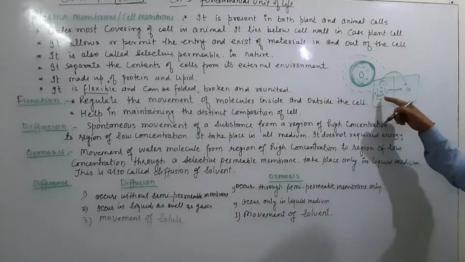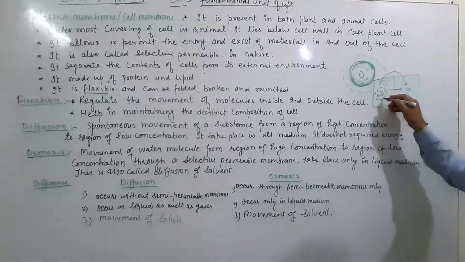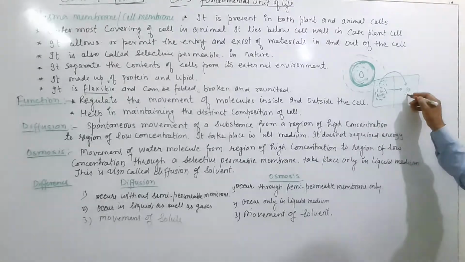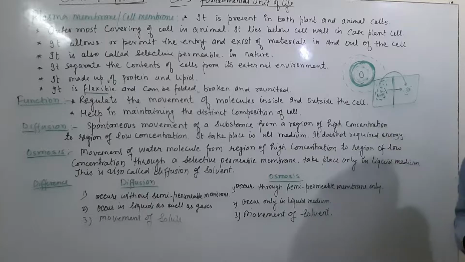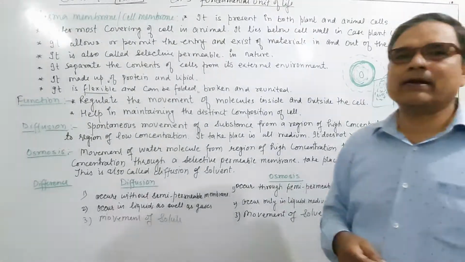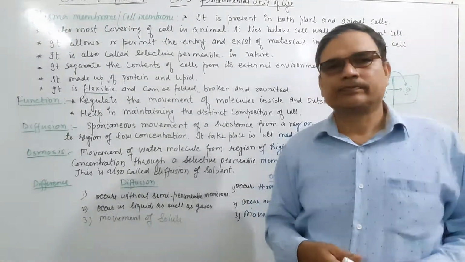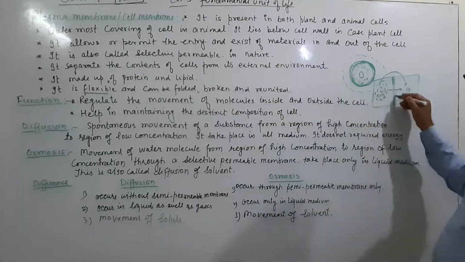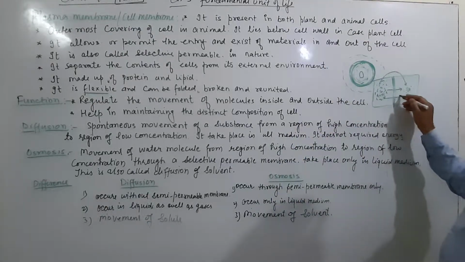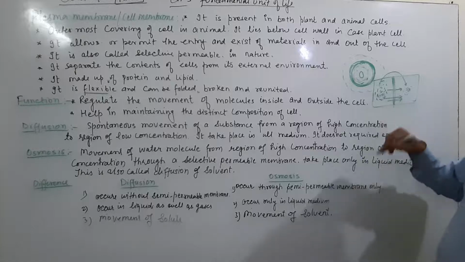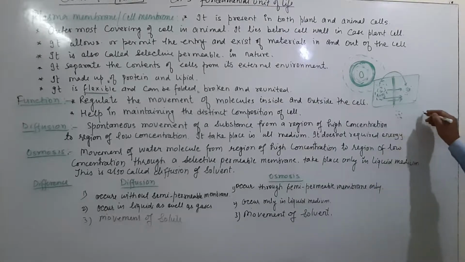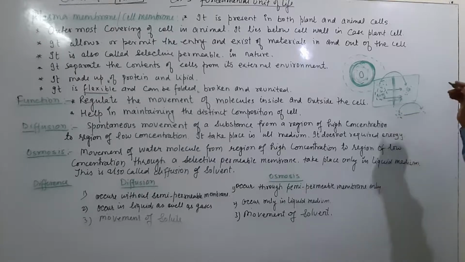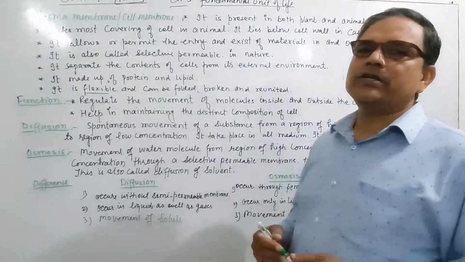Water moves from a region of high concentration to low concentration, but it has to pass through a semi-permeable membrane like the cell membrane. If the membrane is provided and water moves, then it is osmosis. If no membrane is required to move from one region to another, then it is diffusion.